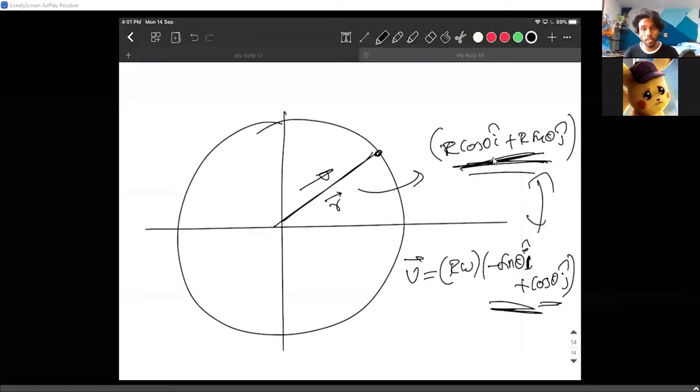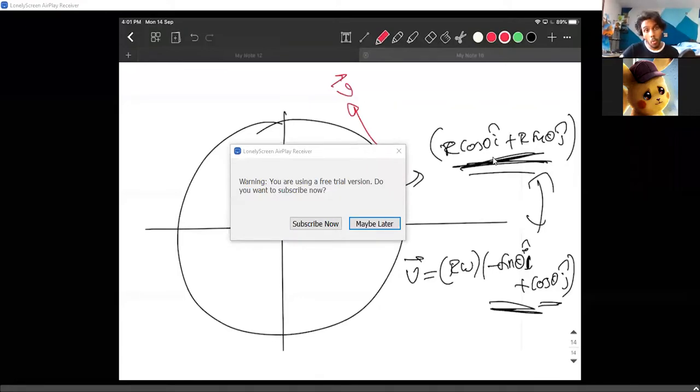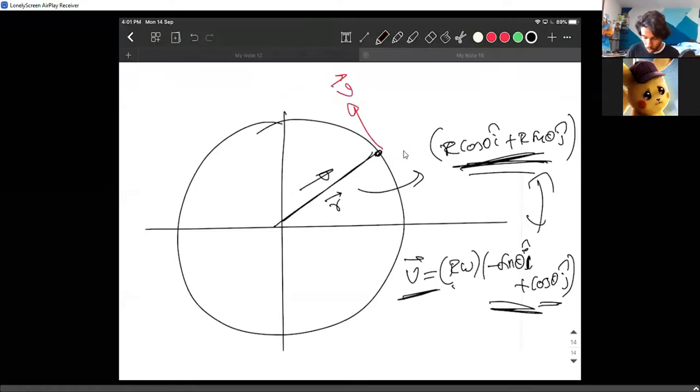Try to write a dot product of these two, you get 0. That is one indication that they are perpendicular, and the velocity vector is actually like this. So we mathematically arrived at v equals r omega, and the velocity's direction is perpendicular to the position vector. That is what we came up with.